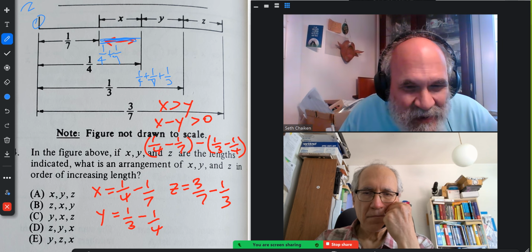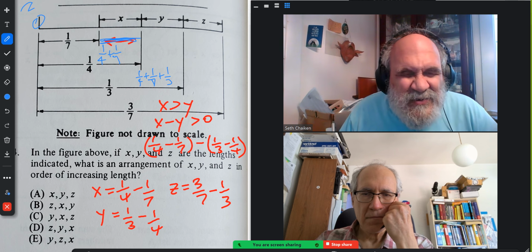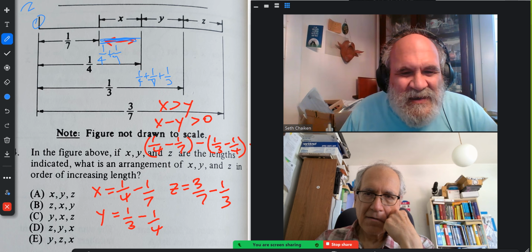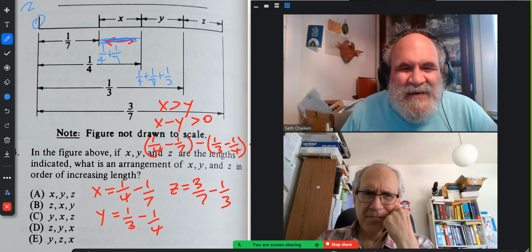Well, you could calculate this using small fractions. A quarter plus a quarter is 2/4, that's a half. And then minus a seventh minus a third is minus 1/7 minus 1/3. Ooh, that's close.